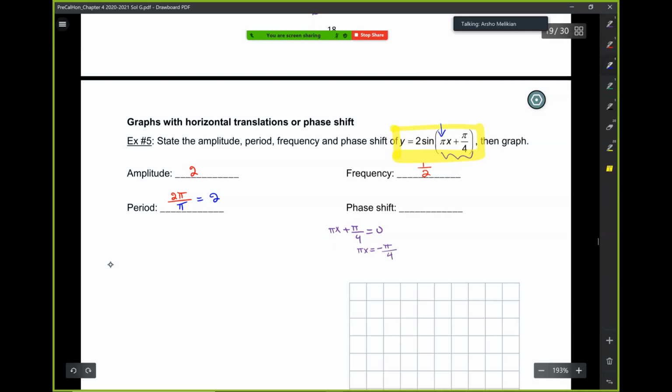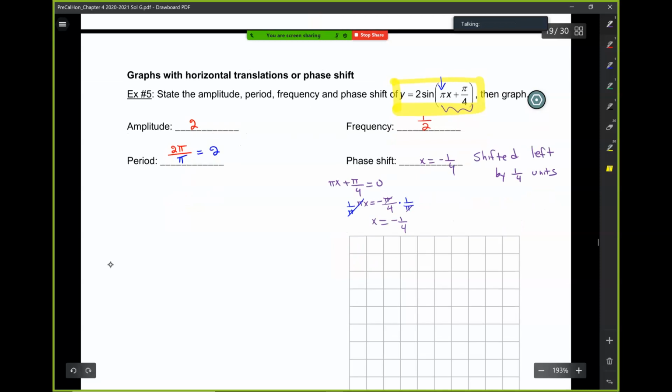Now I'm going to divide by pi. Dividing by pi is like multiplying by 1 over pi. So x is negative 1 over 4. This tells me the graph has shifted left by 1 over 4 units.